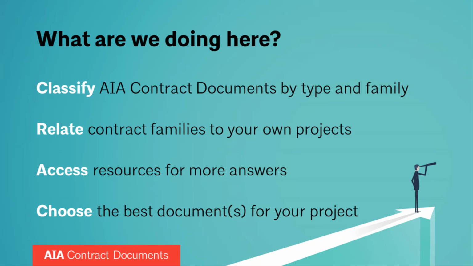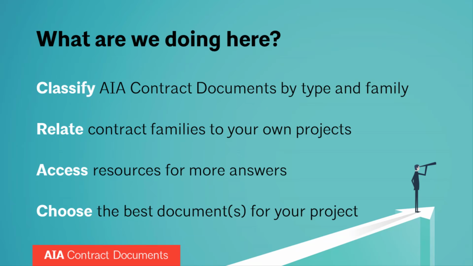So I want to get started here today by just defining what we want to achieve in the next hour that we have you here. The webinar is titled Understanding What's Available. That's a lot to cover. So we felt the best way to convey that information to you is to review how we organize and classify our body of documents so that you can relate those classification concepts to your own projects and how you use AIA contract documents.